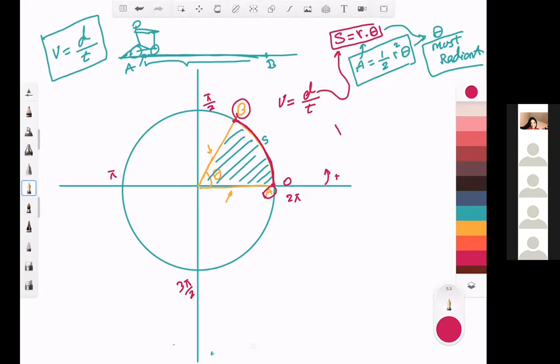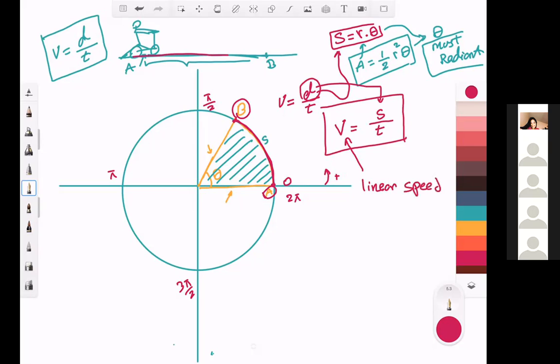So there is a formula V equals S over T, exactly the same as the physics on the line, correct? But on the arc, instead of D, which is distance, I'm going to put S because that's how we labeled it. And what do we call this? We call this one linear speed.